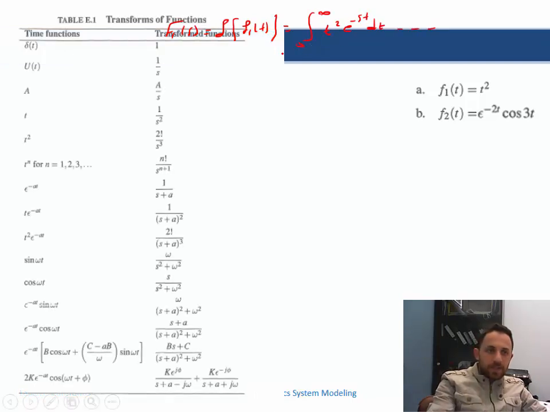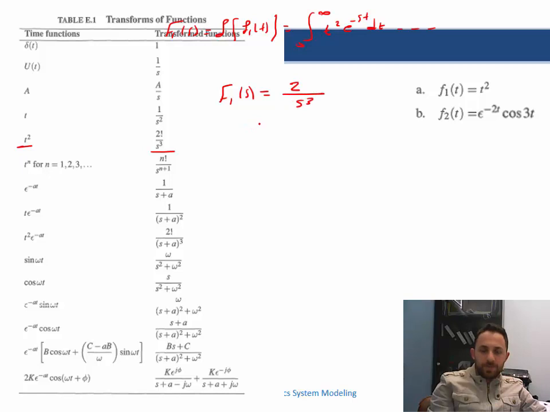Alternatively, we can use directly the table, in which it's given that the Laplace of t squared is given by 2 factorial over s cubed. So F1(s) is equal to 2 factorial, which is 2 over s power 3.